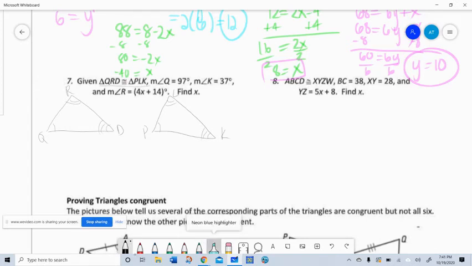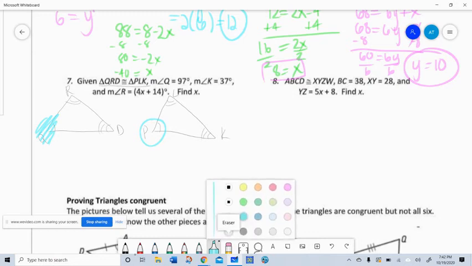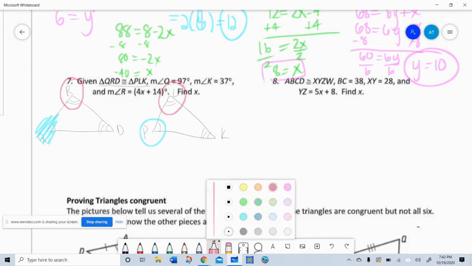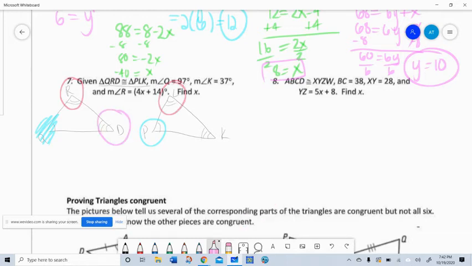So we got to find all those pieces that would match up. We've got angle Q over here. Q looks like he matches up with P, right? And then we've got R that matches up with L, and D that matches up with K.